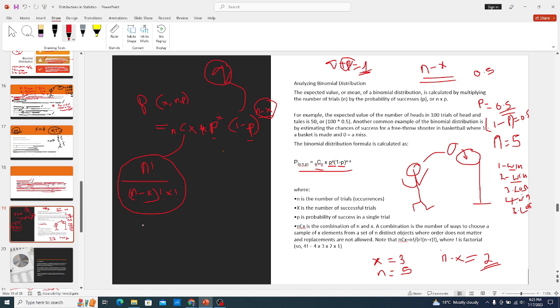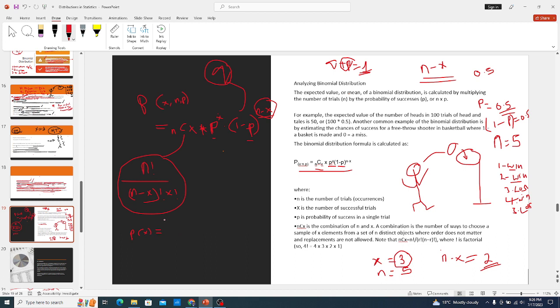Now, we are doing the probability that we have three successes in our trial, or the probability of us throwing the ball through the basket. So we know X is our 3.